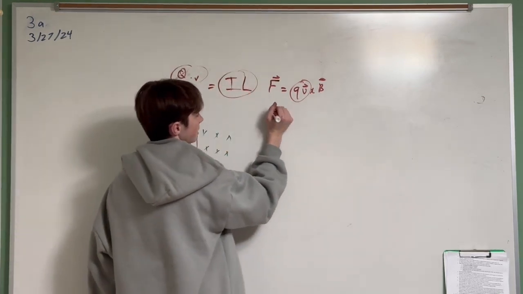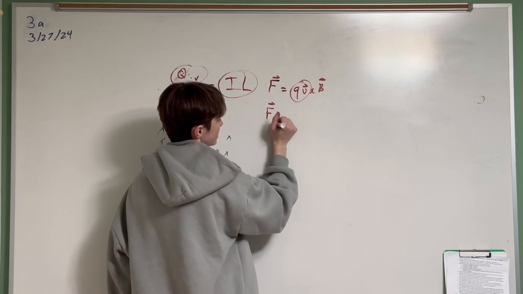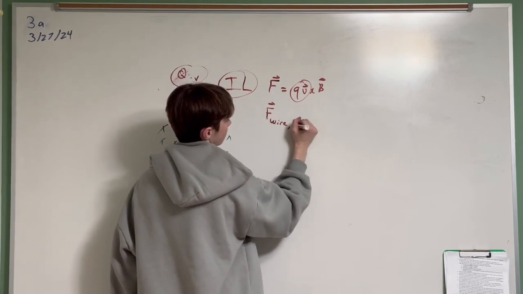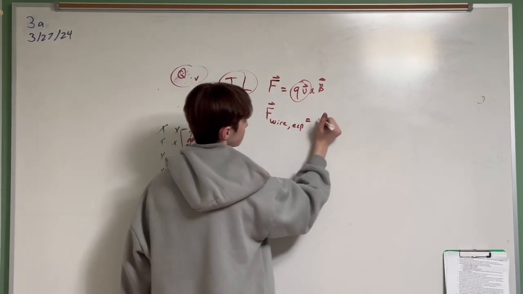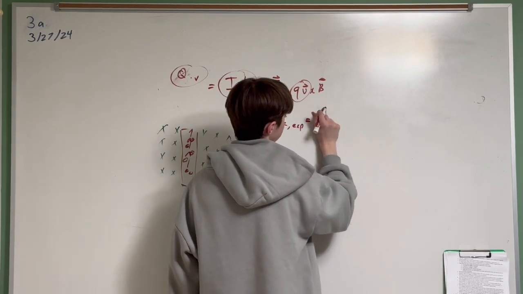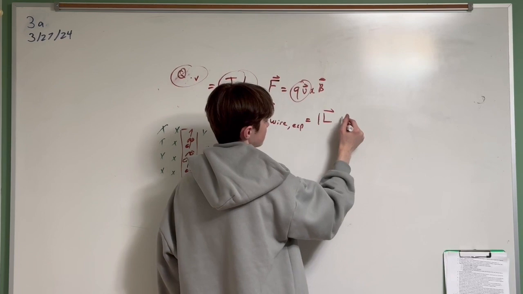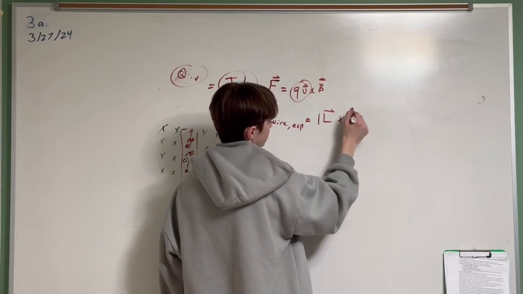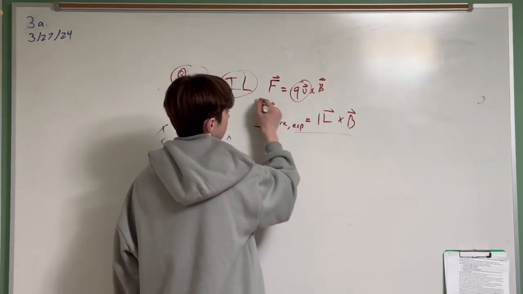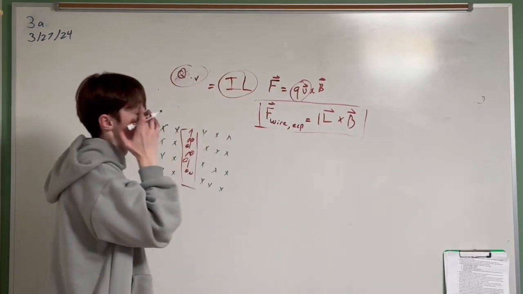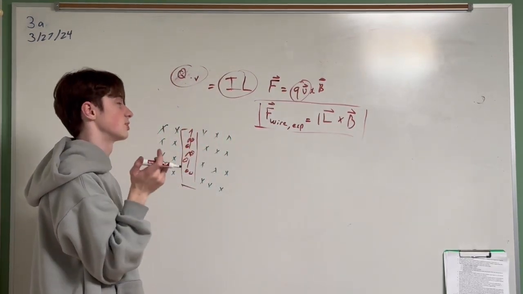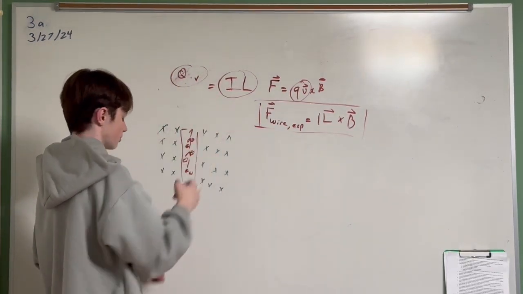So we're going to change this formula into F experienced by a wire is equal to IL cross B, where L is a vector here. You could sort of use I as a vector, but it doesn't really matter. That is the formula for the magnetic force experienced by a wire. You just have to remember this, not how to derive it.